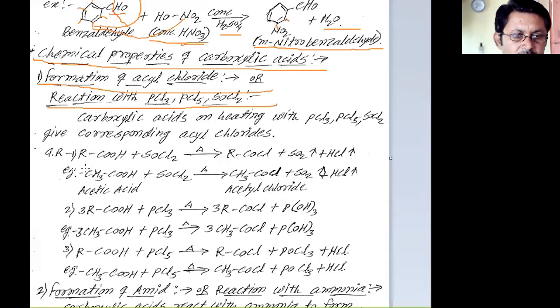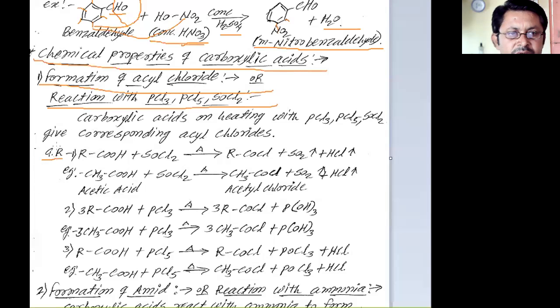For each reaction I will give the general reaction, indicated by GR. You must remember the general reaction, then you can solve any reaction. It is like a formula in math.